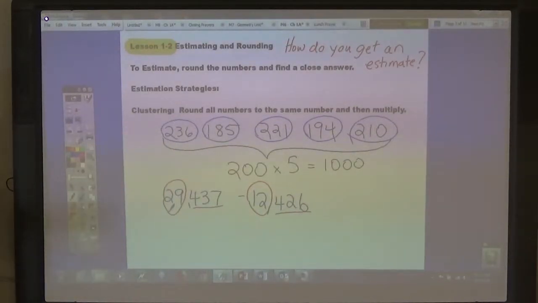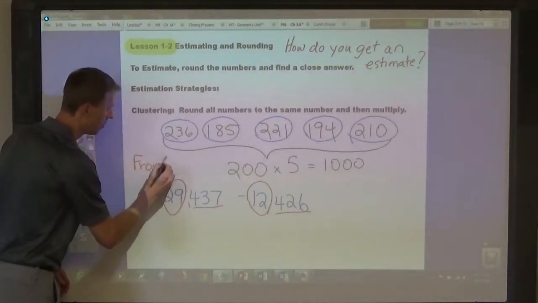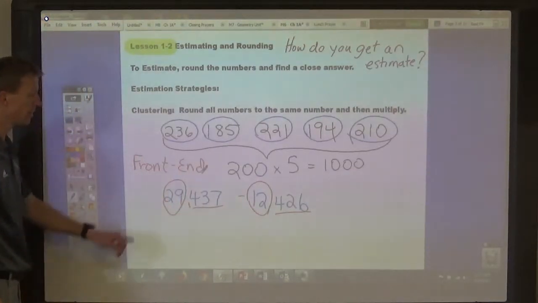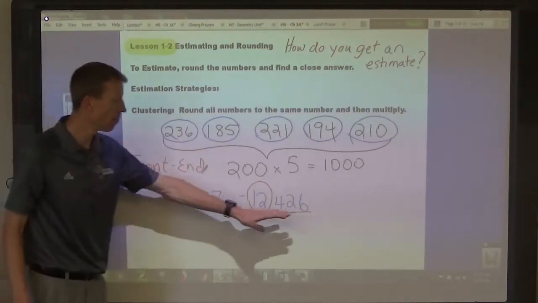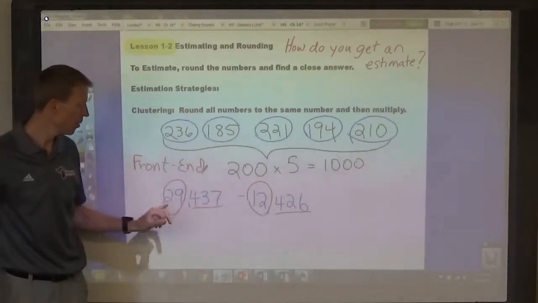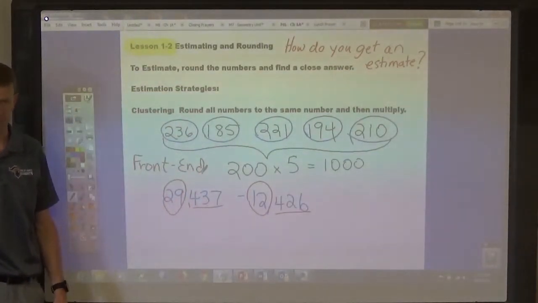That would be a quick way to use the front end of the number to get a quick estimate. Front-end estimation. When the numbers behind the front end are similar, then you can just use the front end of the number to get the estimate.